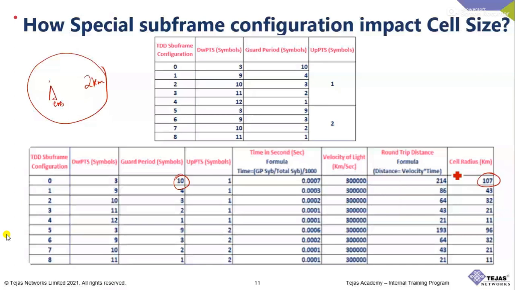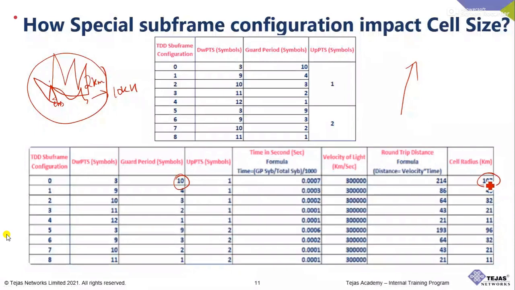Here it can be somewhere around 10 kilometers. So the propagation path is different. This is not a straight path. A straight path means you could have got a lot bigger cell radius, right? This cell radius we are talking about is purely because of the multipath reflections which take place inside the cell, and that distance is a total distance of 107 kilometers. Okay, the round trip is 214. If you consider one way, it's 107.